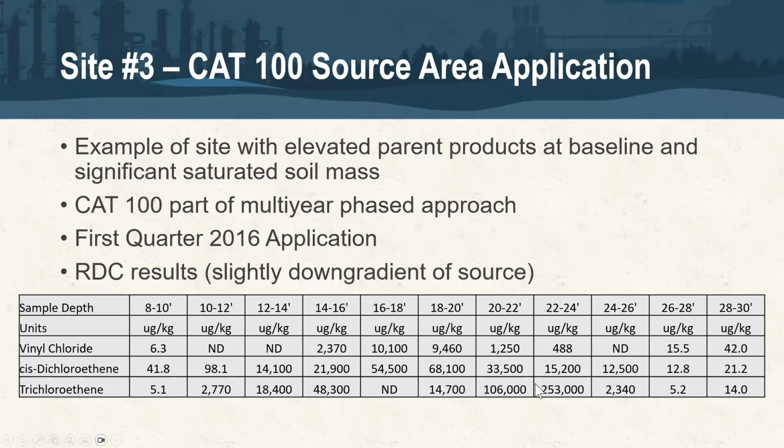So now we've got significant concentrations in saturated soil, 20 to 24, and then it flips back here, 24 to 26. So I guess what I'm trying to say is it's really important to have this information, because just like with any technology, whether it's bio or ISCO or whatever you're using, we're treating groundwater, right?